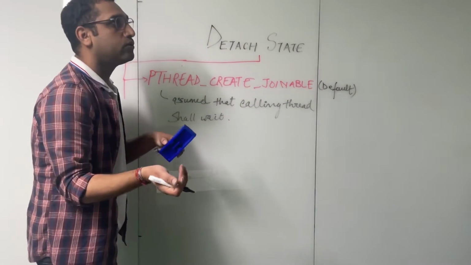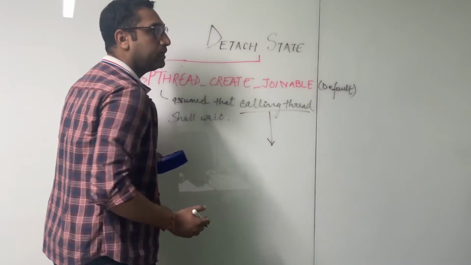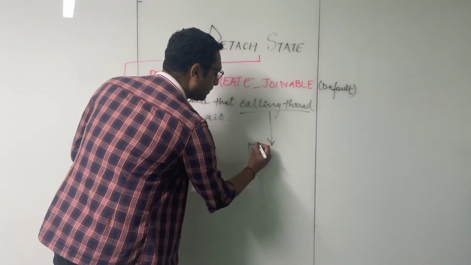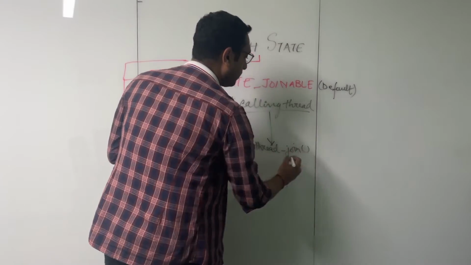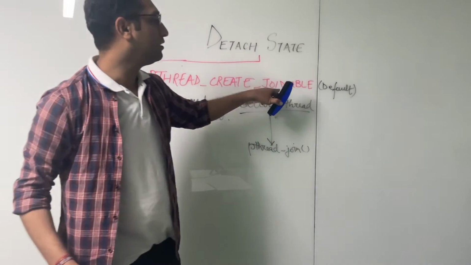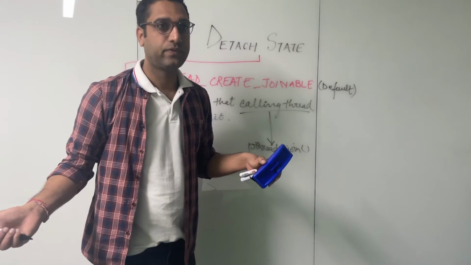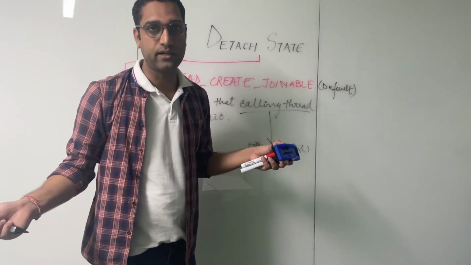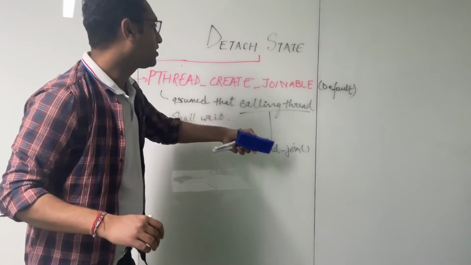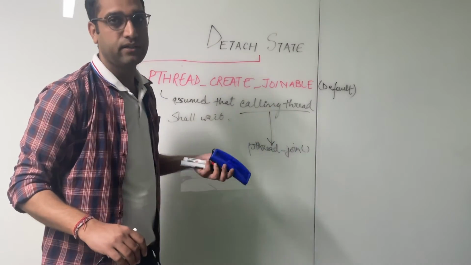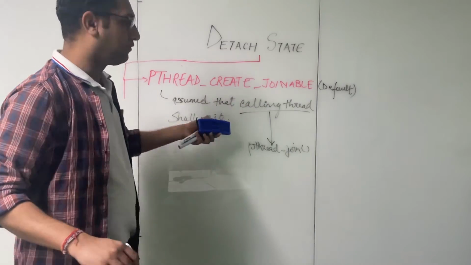So it is also expected that the calling thread will actually implement a pthread join. If a thread is created with pthread joinable, then when it terminates, its exit status is preserved, so that it can be supplied to the calling thread when it calls pthread join, and it is assumed that the calling thread will wait for it.